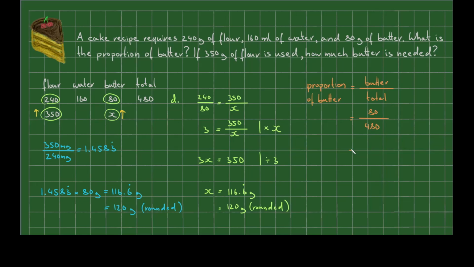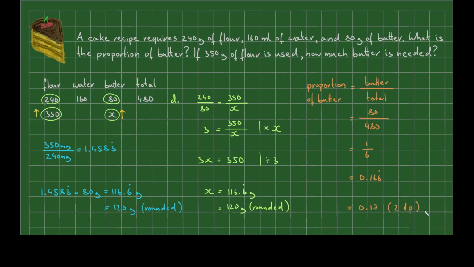This fraction can be simplified to 1/6. And if I wanted to express this fraction as a decimal, it would be 0.166 recurring into infinity. For neatness sake, let me round this to 2 decimal places and express it as 0.17 rounded to 2 decimal places.